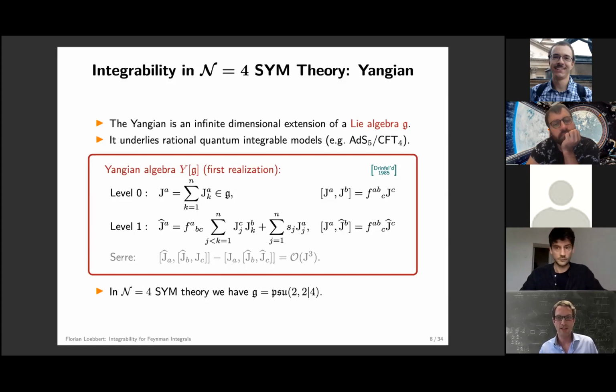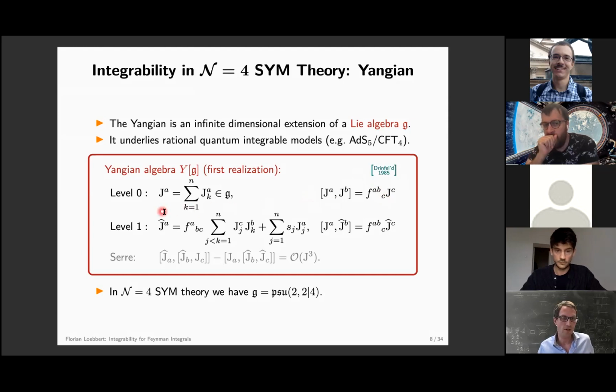So just briefly, what is the Yangian, which of course many of you know. We have a Lie algebra G, which is generated by these standard Lie algebra generators here, which have an ordinary tensor product action, this trivial coproduct here, and obey these standard commutation relations.